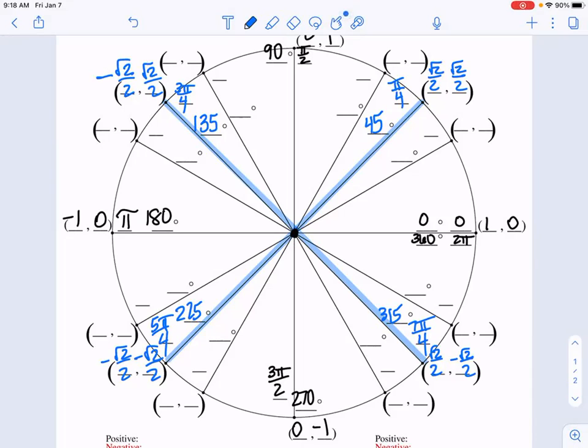How far away are all of these angles from the x-axis? They are all 45 degrees away. They are all pi over 4 radians away. It is amazing that we have this symmetry, isn't it? You guys are like, it's really not that cool. Just wait. It will be very helpful here.